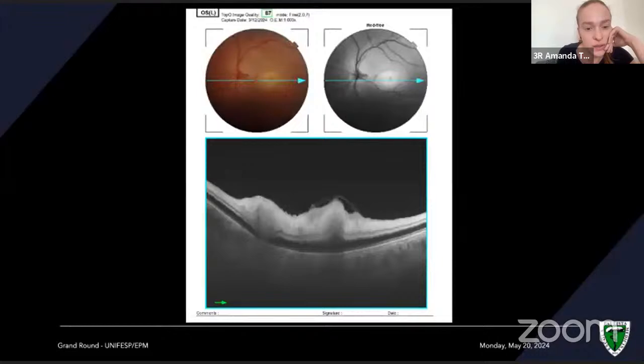And for the OCT of the left eye, we can see this irregular retinal surface with this disorganization and thickening of the inner and outer layers of the retina, and it's difficult to evaluate properly the outer retina.